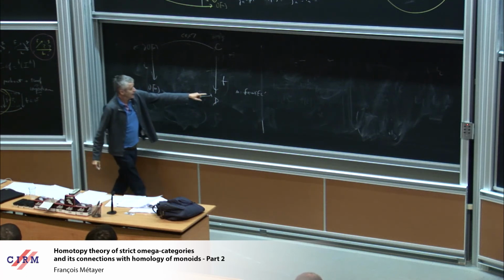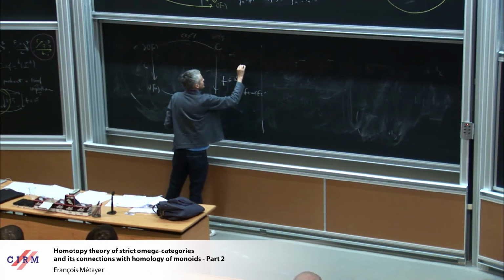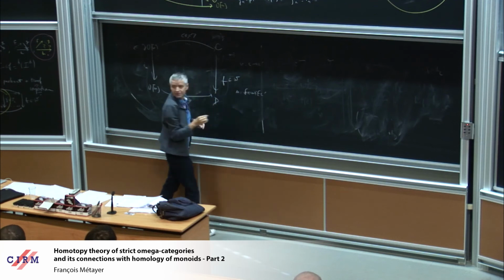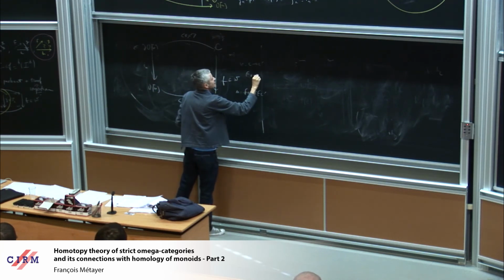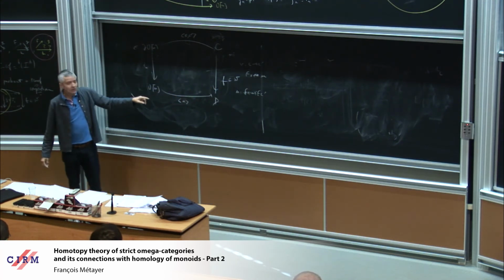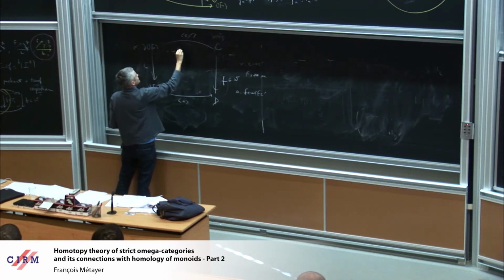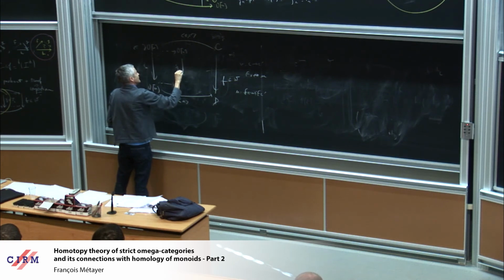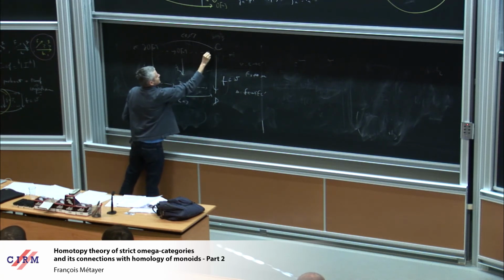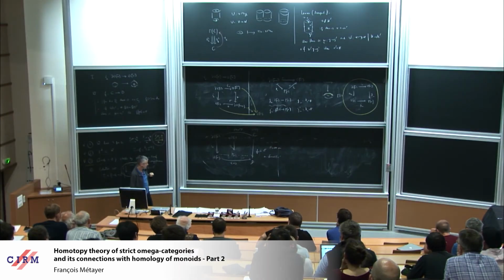Now, if F is a weak equivalence, then there's a cell V between C and C prime, such that FV is omega equivalent to U. So that means that you can put here your square Jn in such a way that the diagram commutes.